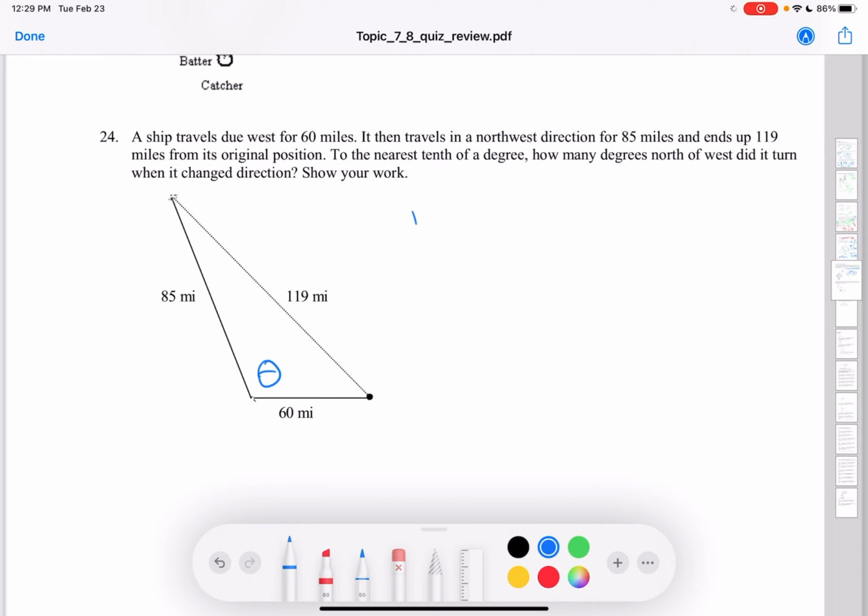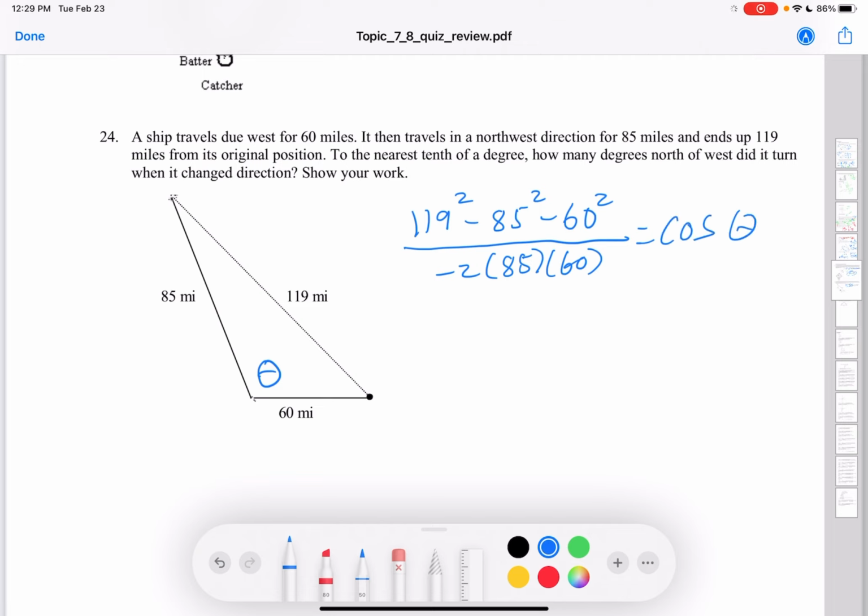So law of cosines: 119 squared, because that's the side opposite, minus 85 squared minus 60 squared, all divided by negative 2 times 85 times 60. That's going to be my cosine of theta. So 119 squared minus 85 squared minus 60 squared is 3,336.